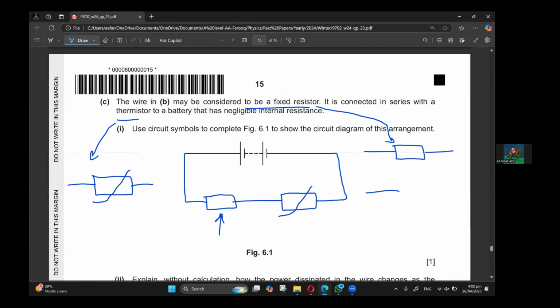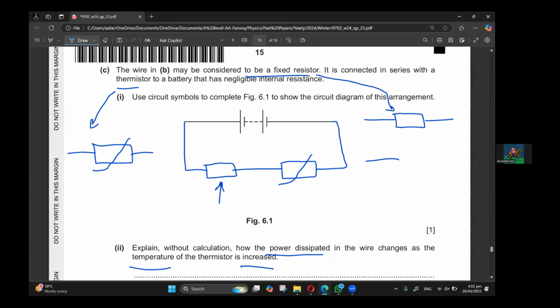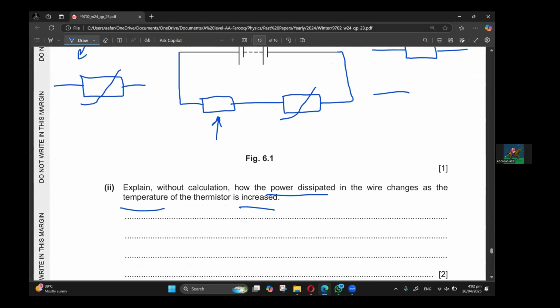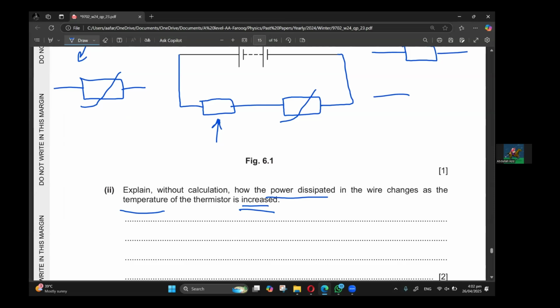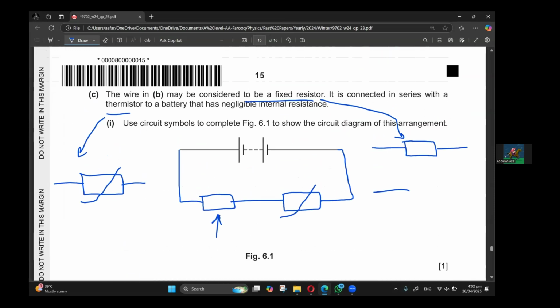And for the current in the whole circuit, if the temperature is increased, then the resistance of the thermistor decreases. They are inversely proportional.